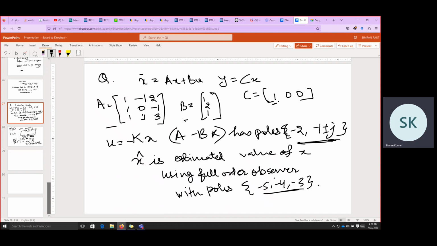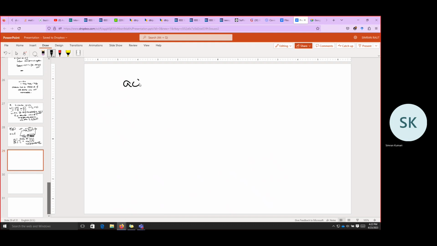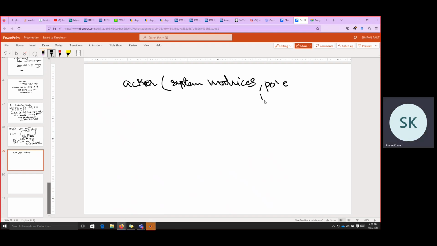Then we can directly use this command, which requires the system matrices and the pole location. And this gives us the state feedback gain.